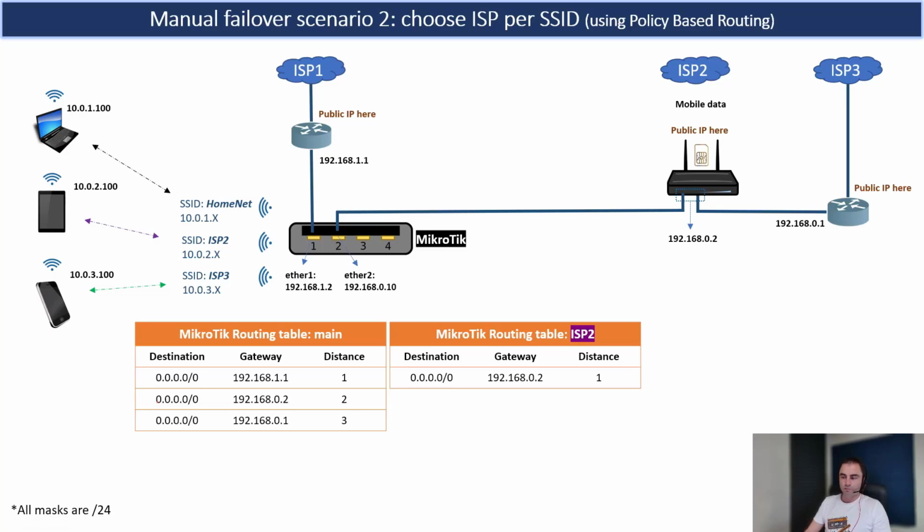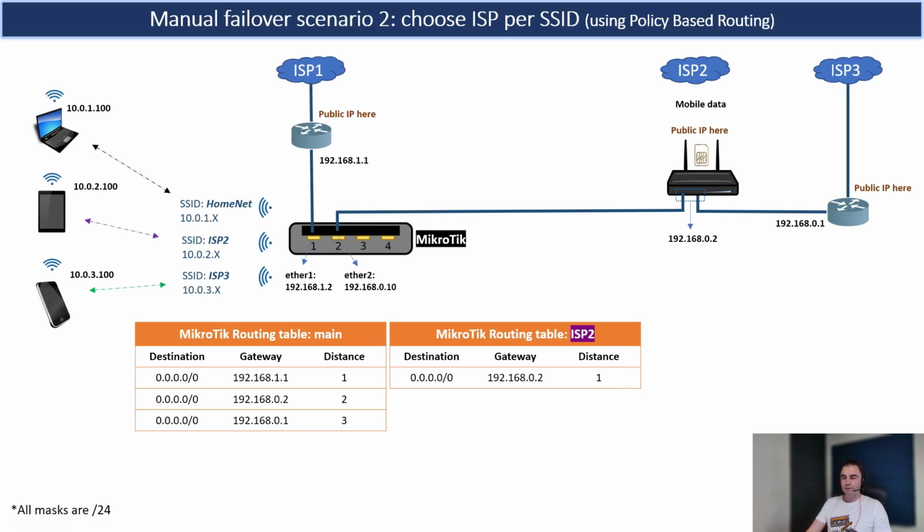In this routing table, I will put just one route, and this is a default gateway pointing to .2, which is going to ISP2. I don't care about the distance since this routing table is alone and this distance is not going to compare with the distances here. So they are separate routing tables on the same device.